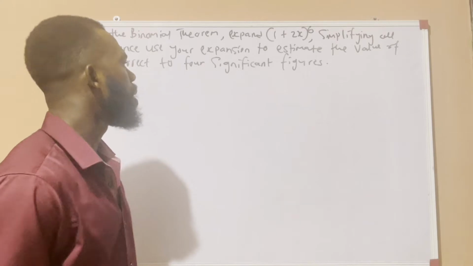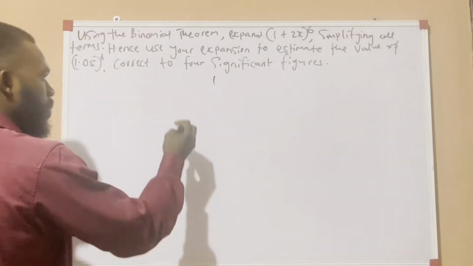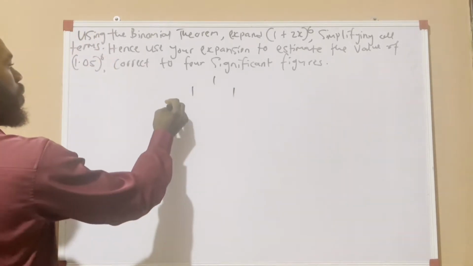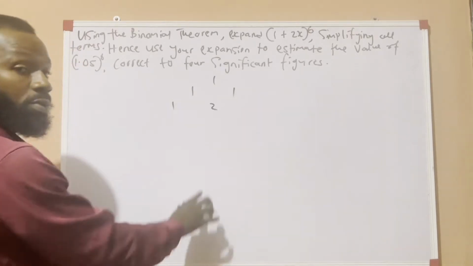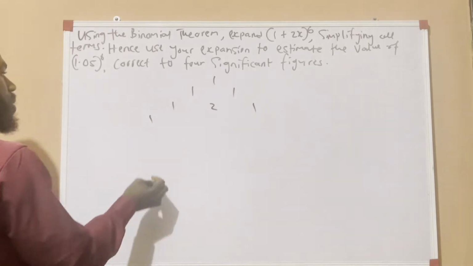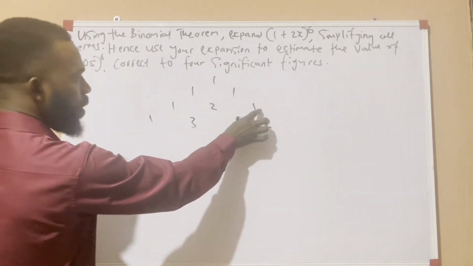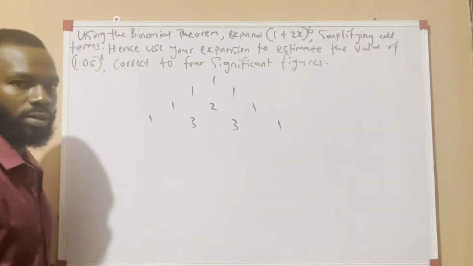Let us go. First, we start with 1, okay, and then we have 1, 1, and then we have 1, plus this 1 gives you 2 at the middle, and then we have 1. Again we begin with 1, now 1 plus this 2 gives you 3 at the middle, and 2 plus this 1 gives you other 3 at the middle, and then 1.